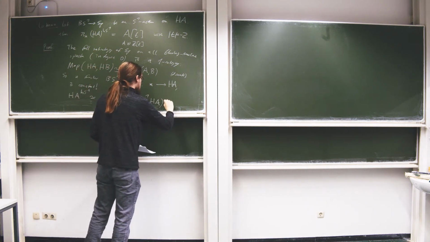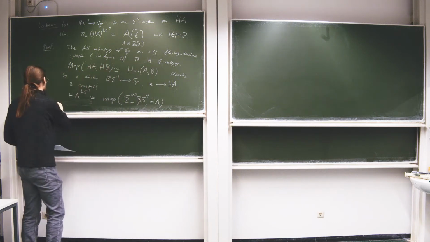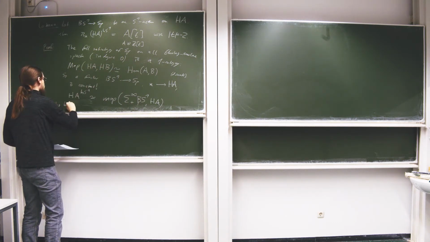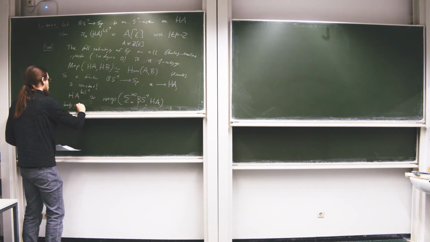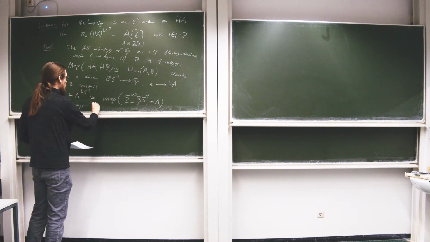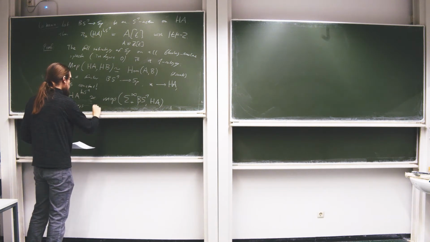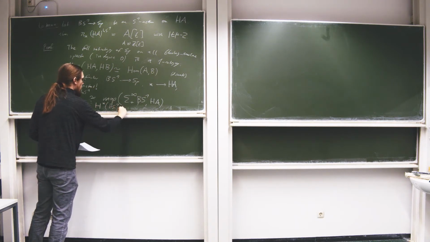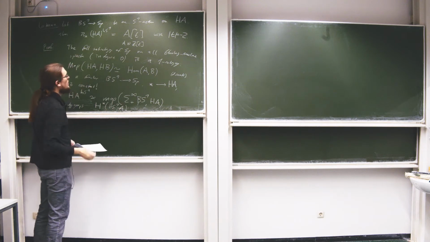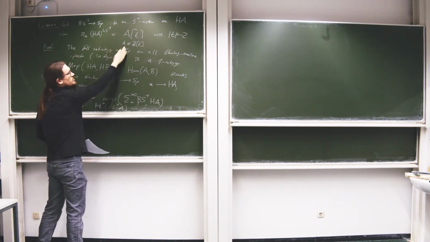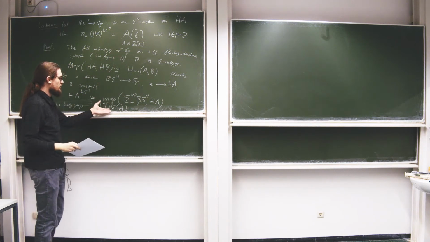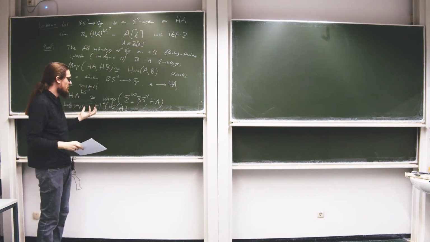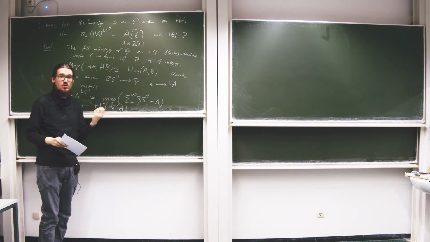That, it turns out, has homotopy groups given by the cohomology of BS1 with coefficients in A. And that has this description, right? If you remember this BS1, that's really just CP infinity, and the cohomology of that is polynomial as a ring.